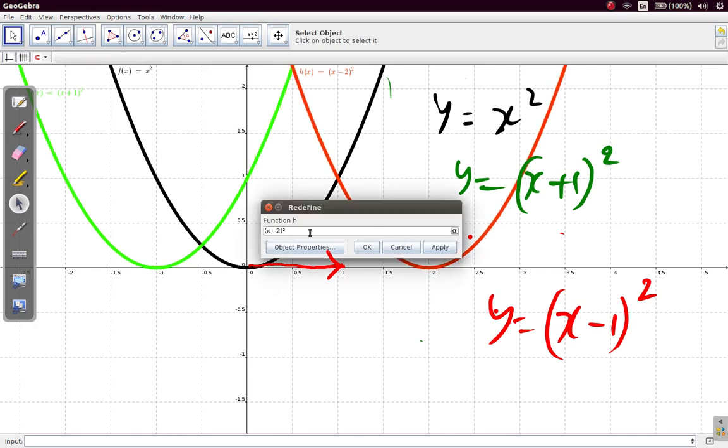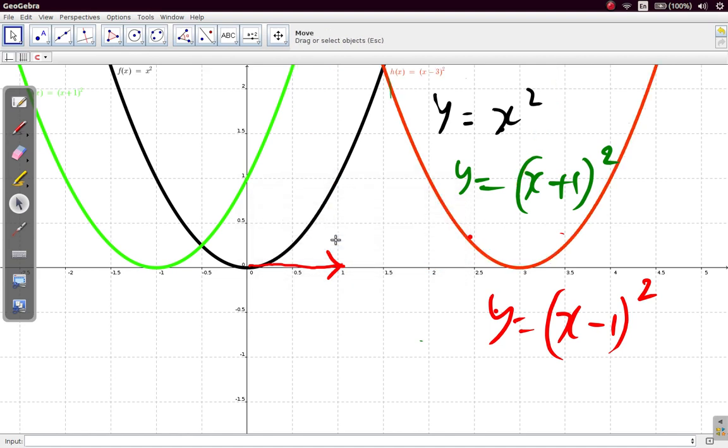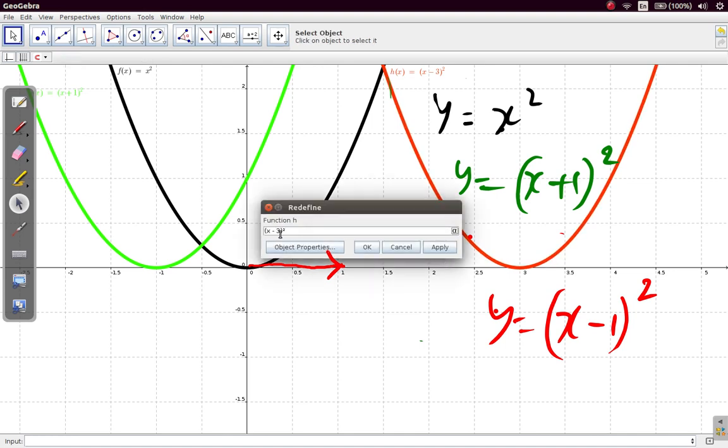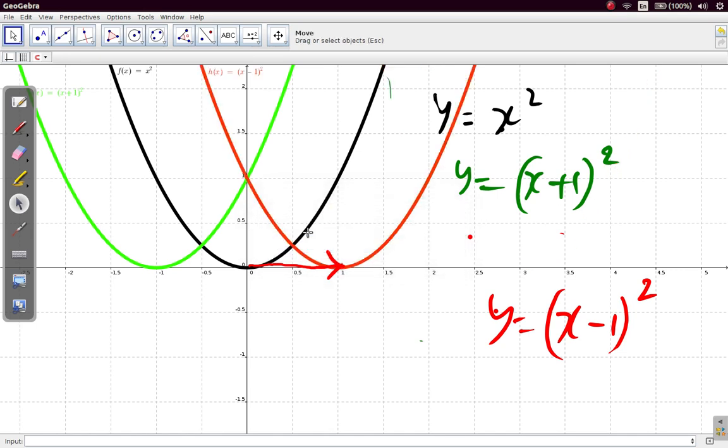And if we say it's x minus 3 squared, it moves it 3 places to the right. Right? Now, let's put it back as x minus 1 squared. And there we have y equals x minus 1 squared. Alright?